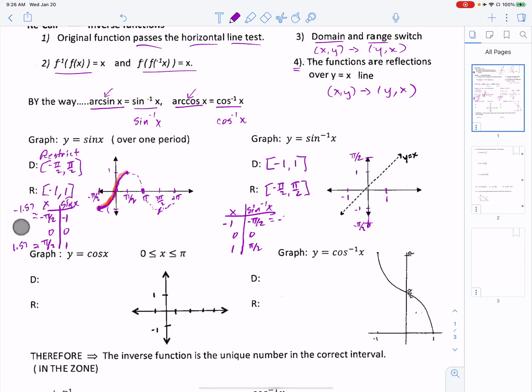Again, pi halves is about positive 1.57. If I go to plot those, I'm at negative 1, negative 1.57, then 0, 0, and to the right one and up 1.57. When you draw this, it's reflections over the line y equals x.